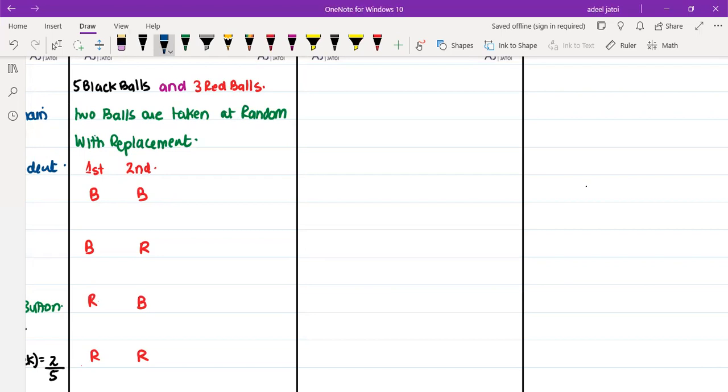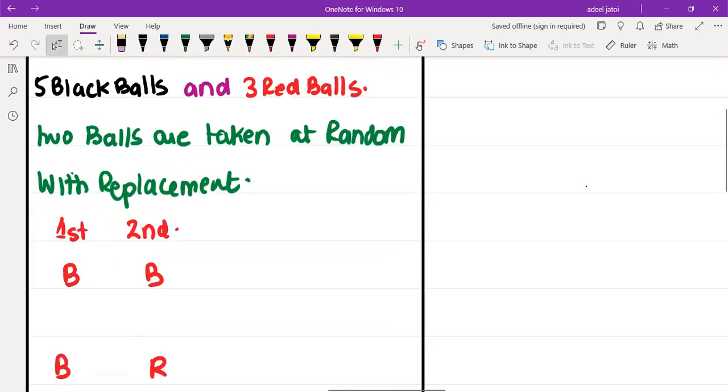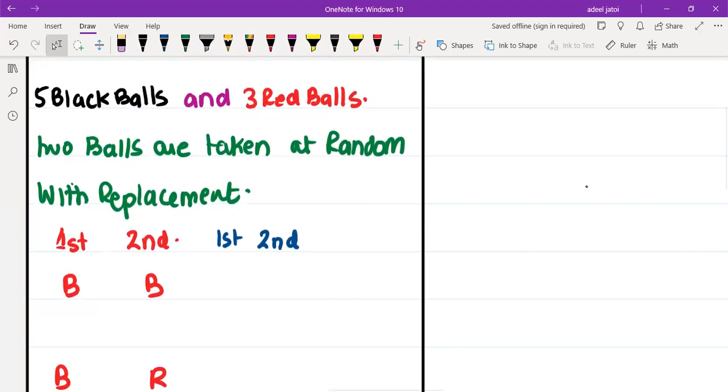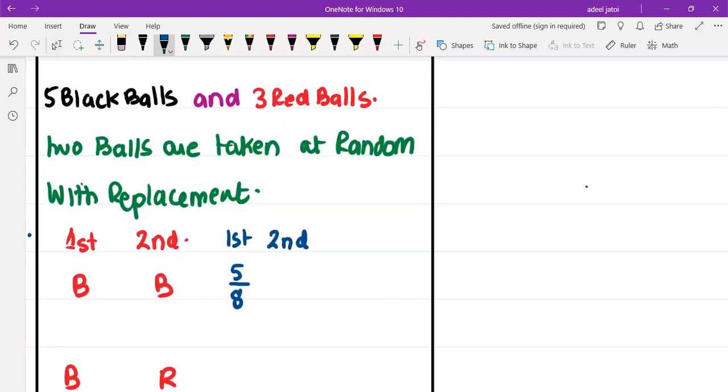So let's make sure we know the first and second. Your first is black, so this should be 5 upon 8, because there are 5 black balls out of a total of 8 balls, 5 black and 3 reds.